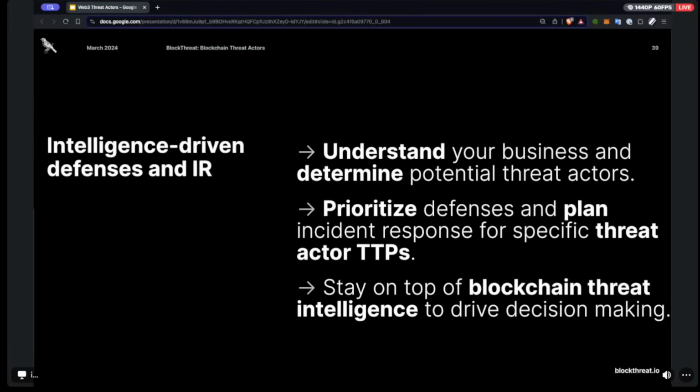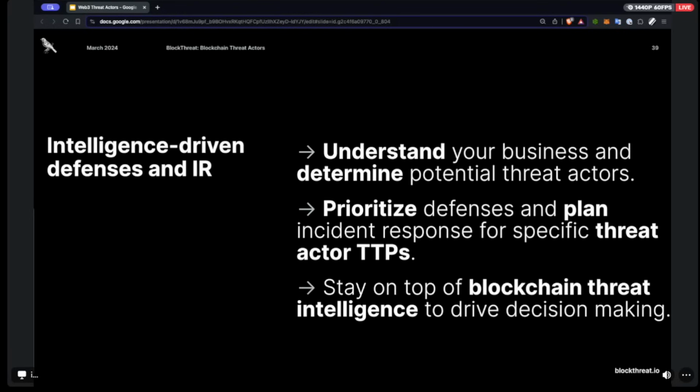Because as an auditor, you are part of the defense solution. You're being asked to perform an analysis based on simulating what the bad guys will do. And you're paid to do what they do. So you should try to simulate them as much as possible. And the way you do this is you understand what your business is and what kind of threat actors you will attract.